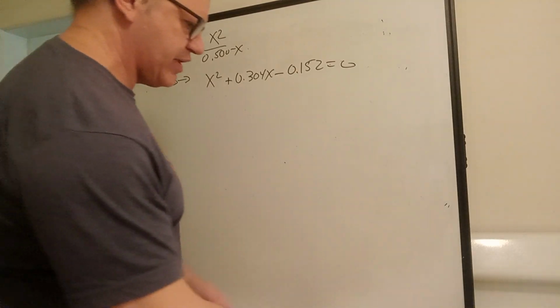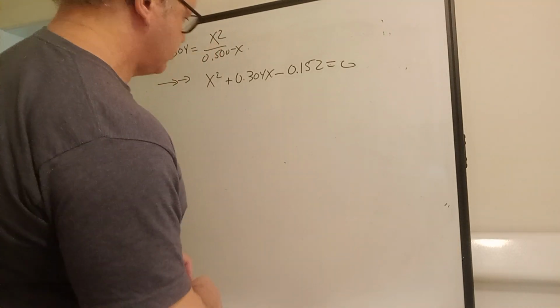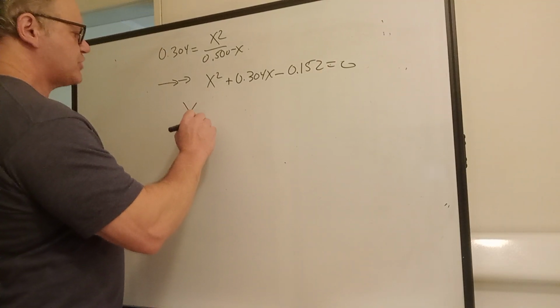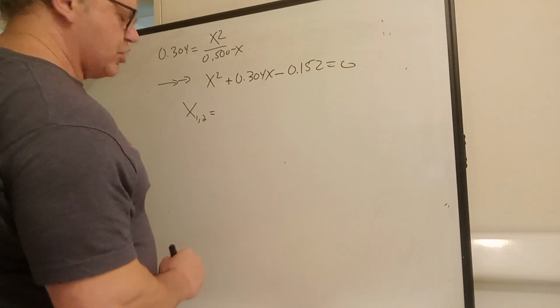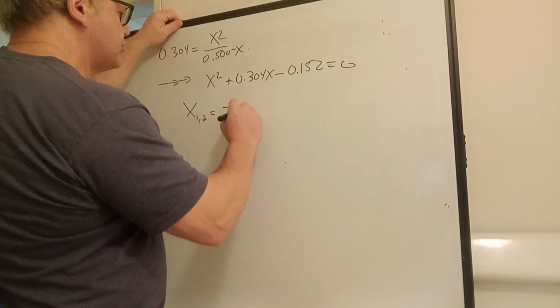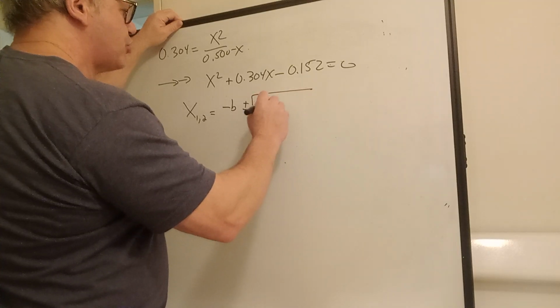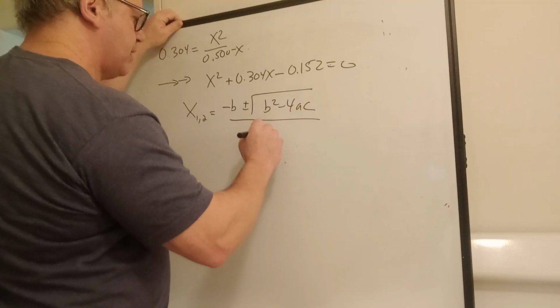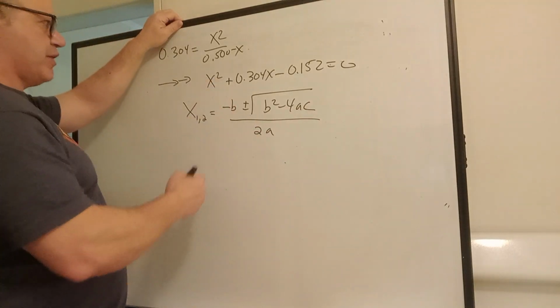I'm going to solve it directly. If you have a solver on your calculator, you're welcome to do it that way. There's going to be two roots. I'm going to call them x1 and 2. And they're going to be in the form of minus b plus or minus the square root of b squared minus 4ac, all over 2a.